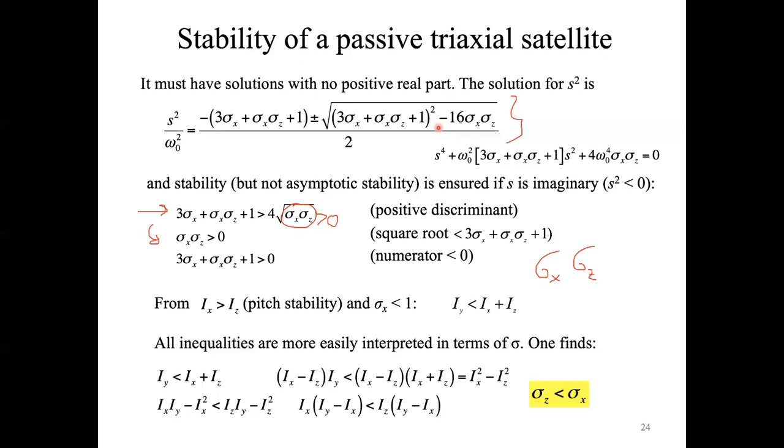Well, another condition comes from the pitch stability. So now is the first time that we're going to couple the stability given in the roll and yaw axis with the pitch. So an additional condition, as we have seen before, was that Ix has to be greater than I zeta. So the moment of inertia along the roll axis has to be greater than the moment of inertia of the yaw axis.